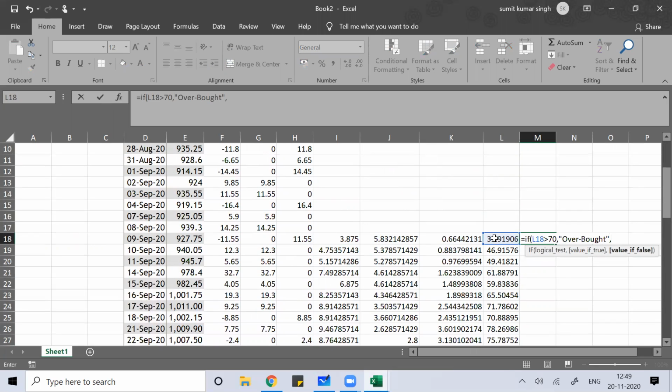While if this value is more than 50, then you should trade in this region. While if this value is less than 30, then it is oversold.